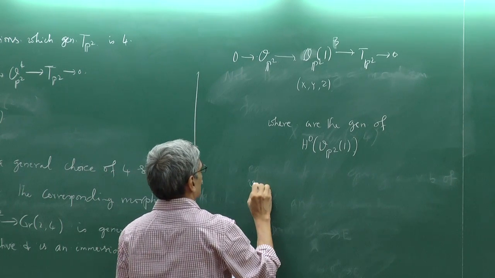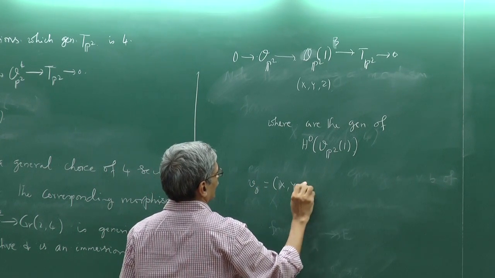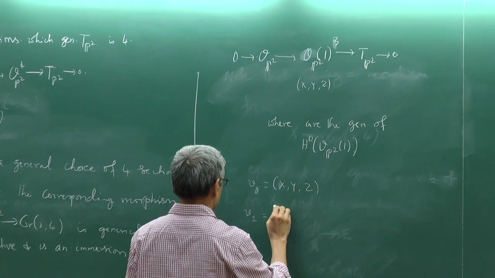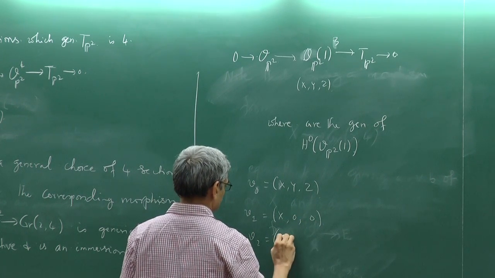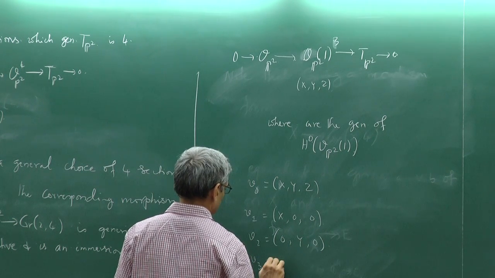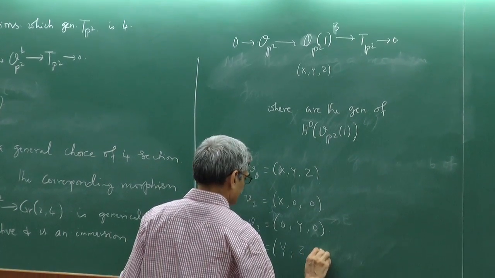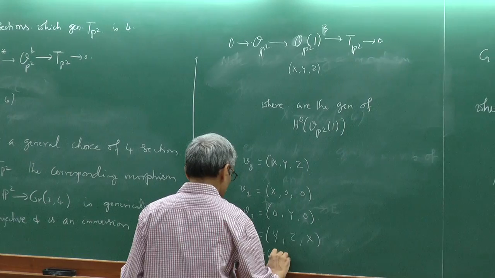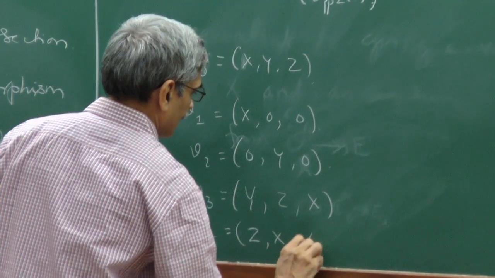So if we take V0 equal to x, y, z, V1 equal to x, 0, 0, V2 equal to 0, y, 0, V3 equal to y, z, x, V4 equal to z, x, y.